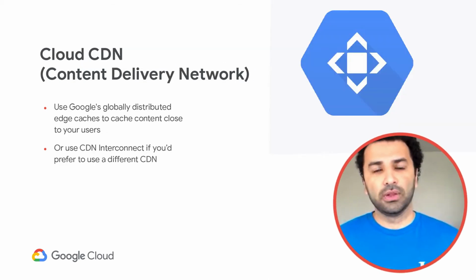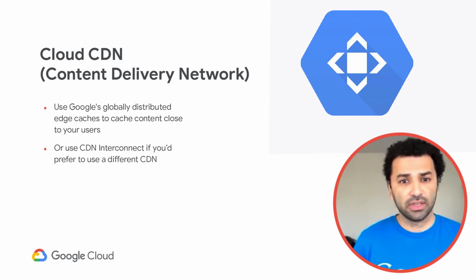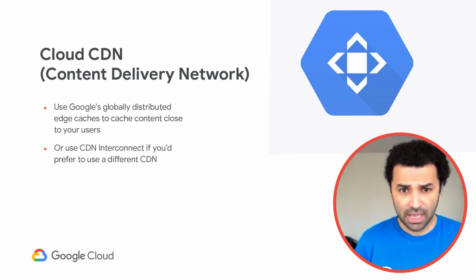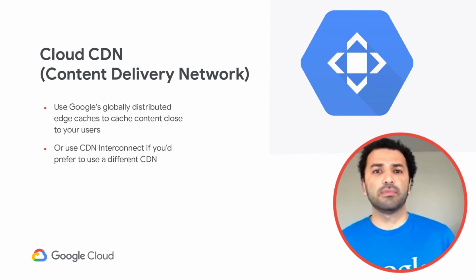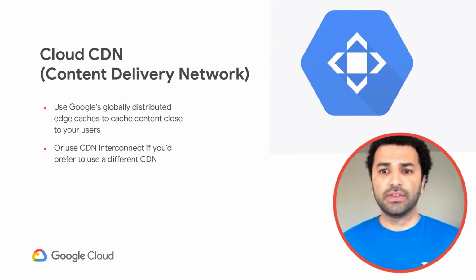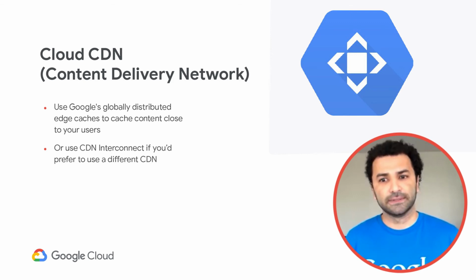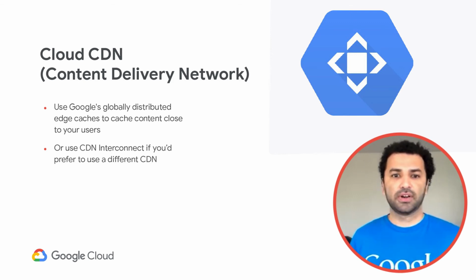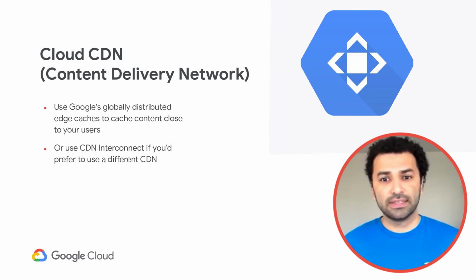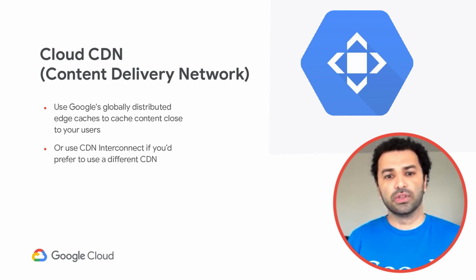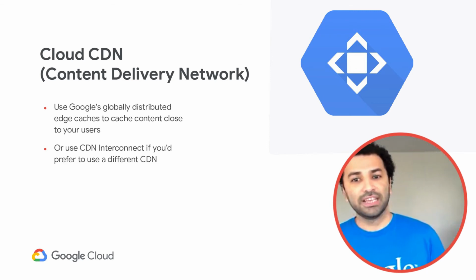Along with the global load balancer or load balancers in general, you might also be interested in using Cloud CDN. Google has a global system of edge caches, and you can use this system to accelerate content delivery in your application. Your customers will experience lower network latency, and the origin of your content will experience reduced load. You can save money too.